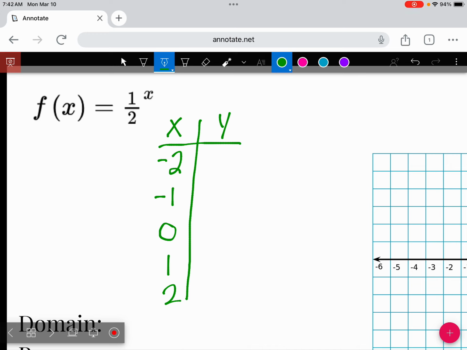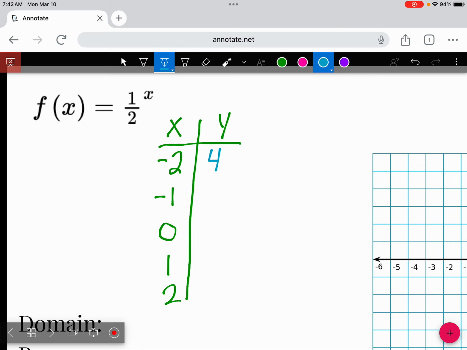What do we get if I take 1/2 and raise it to the power of -2? We get 4. What about 1/2 to the power of -1?